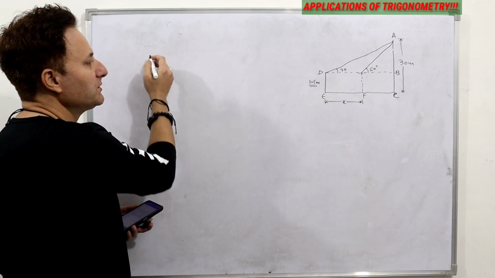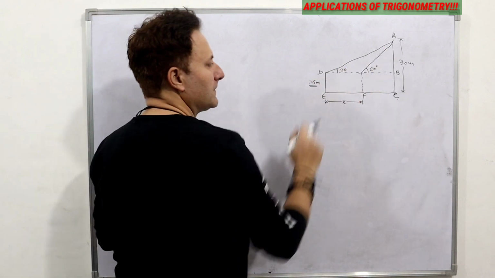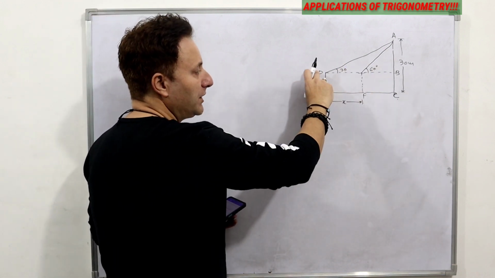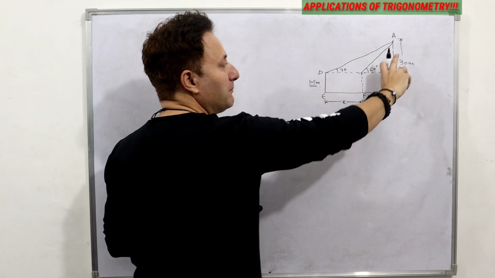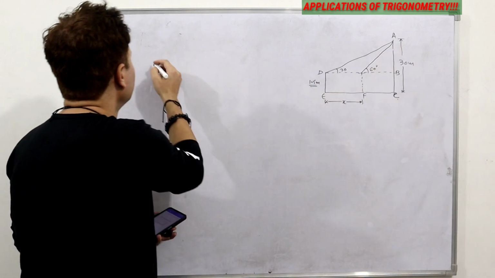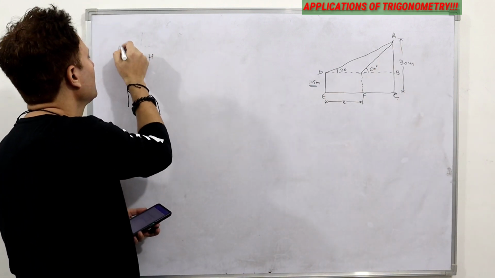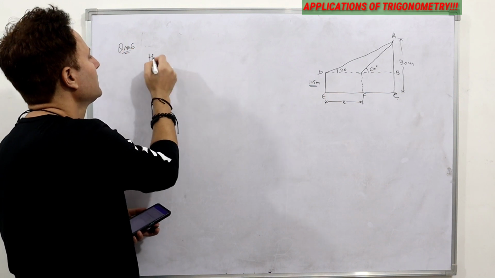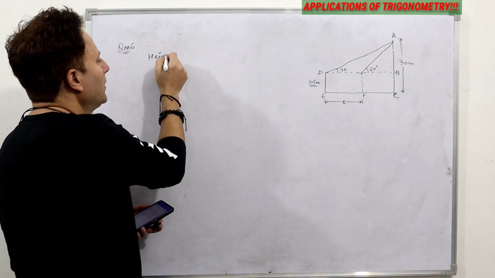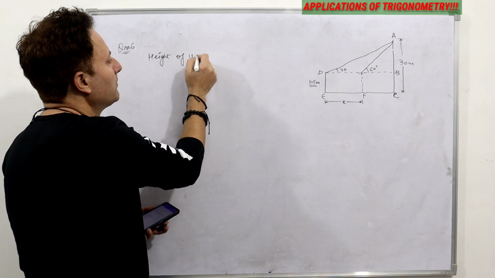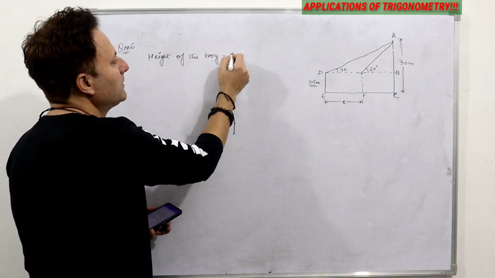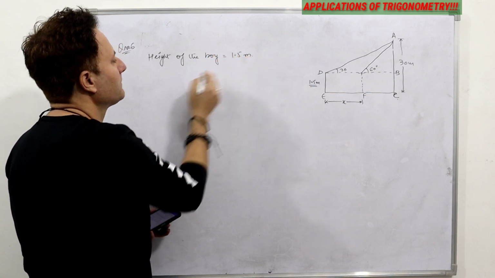So in this question we have two angles. First of all, the boy is 1.5 meter tall and the building is 30 meter tall. So let's write here question number 6. Height of the boy is 1.5 meter.